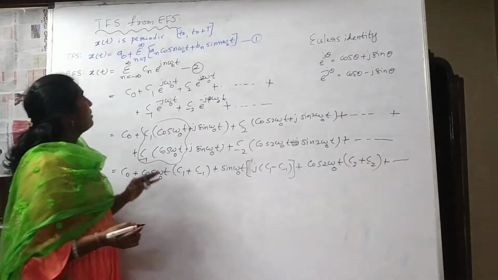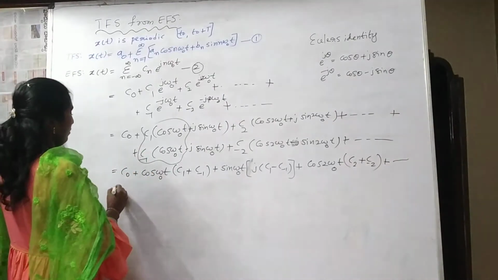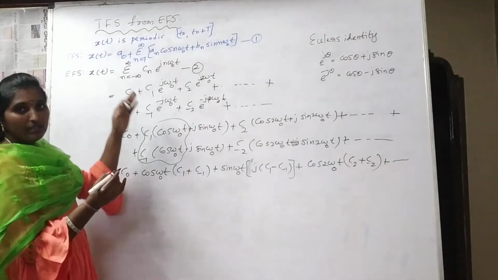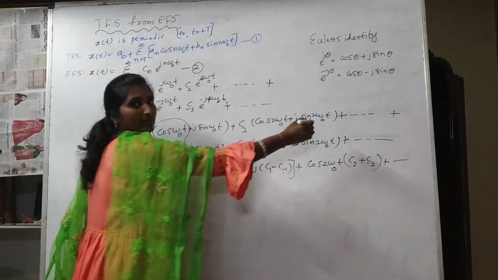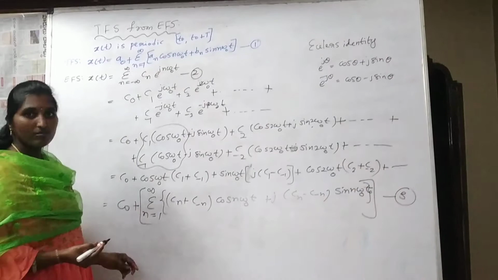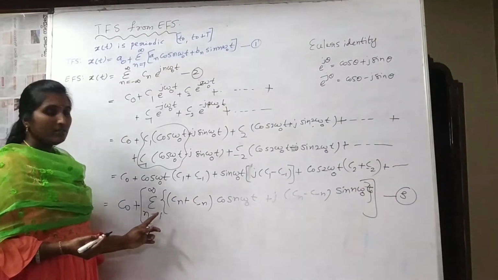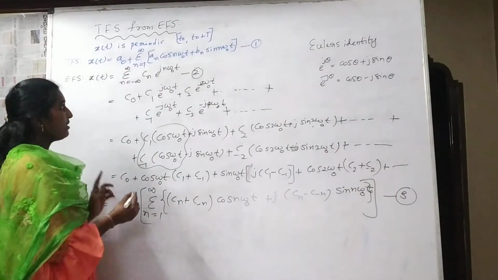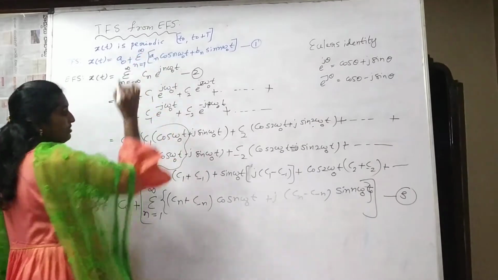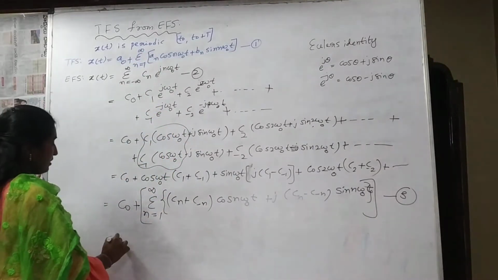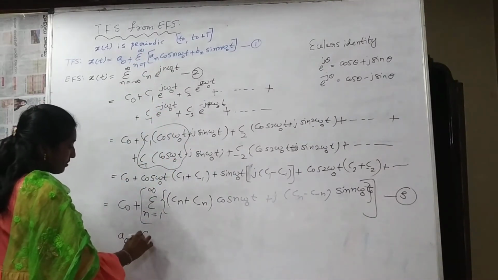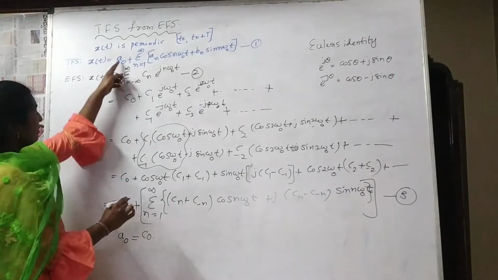Now compare equation 1 and equation 3. Then A0 is equal to C0, the first term.